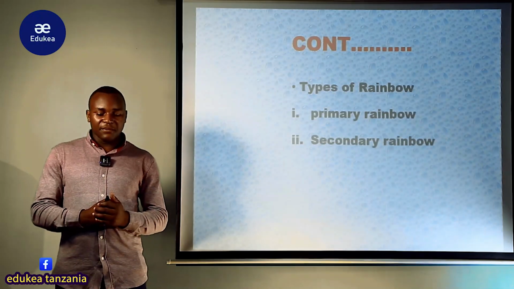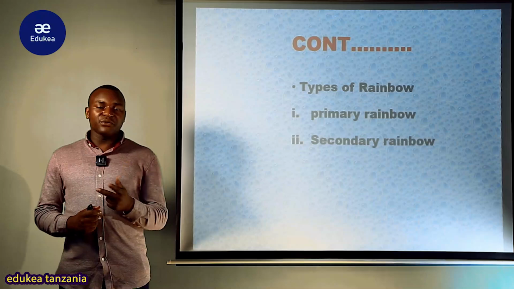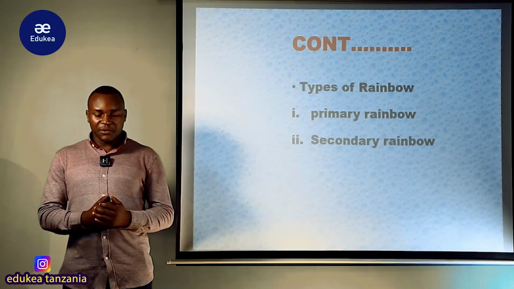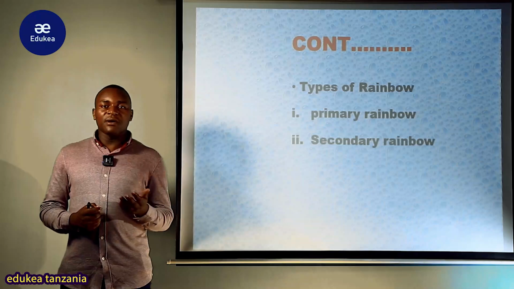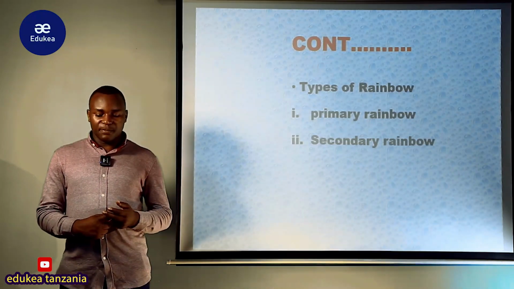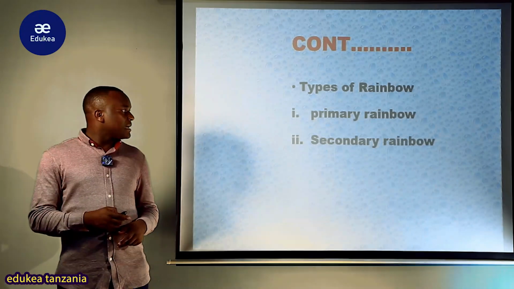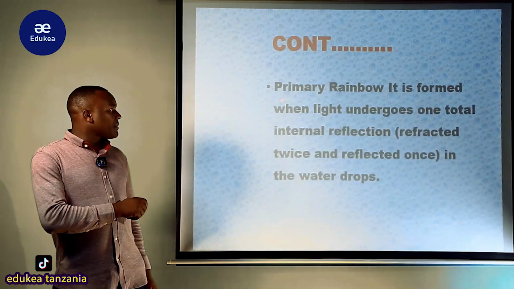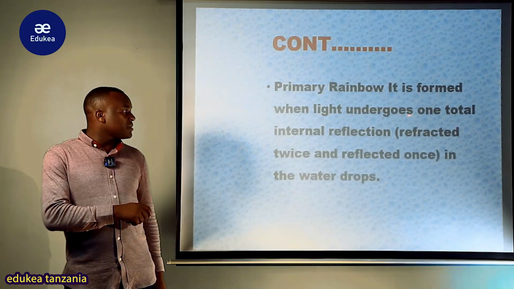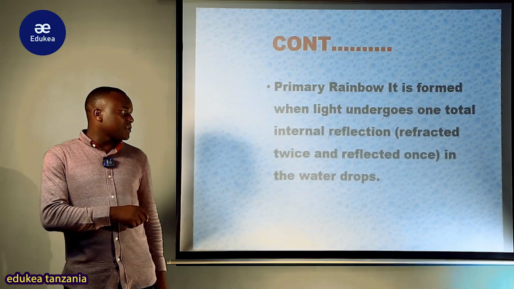So for the types of rainbow, we say that we have two types of rainbow. We have a primary rainbow and a secondary rainbow. So primary rainbow means what? We say that a primary rainbow is formed when light undergoes one total internal reflection.